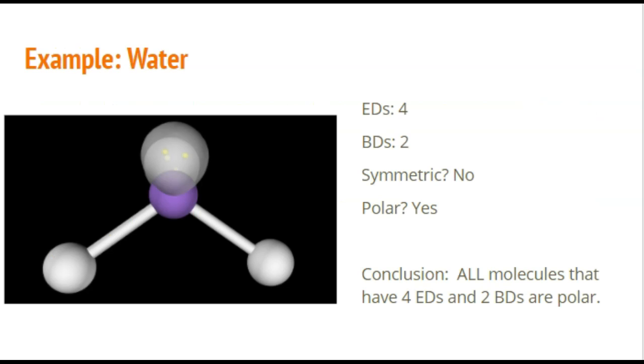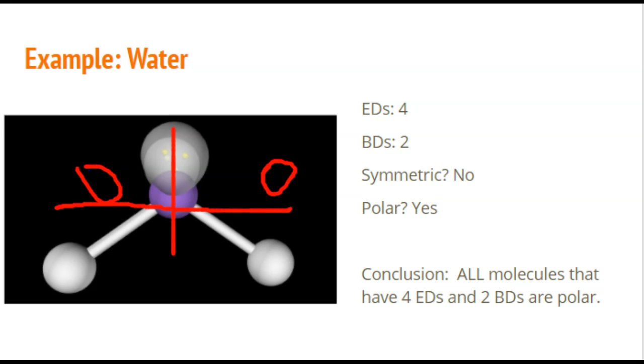When we look at water, you'll see that it has 4 electron domains, and 2 of which are bonding. There are these 2 lone pairs that are kind of covering each other up. When we think about it being symmetric, it is kind of symmetric this way. But when we reflect it this way, it's not symmetric. There are no atoms up here.